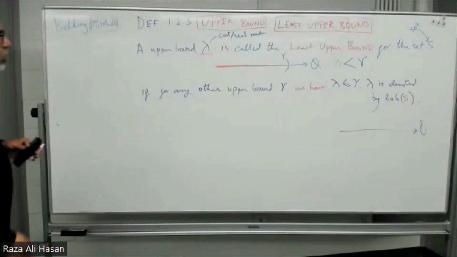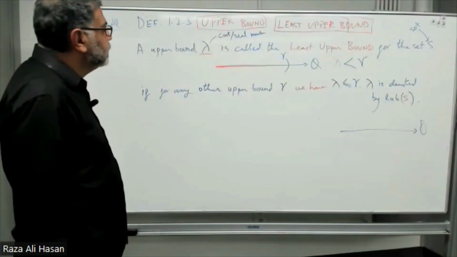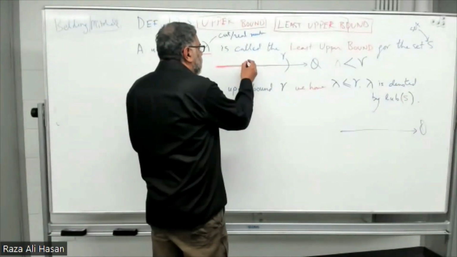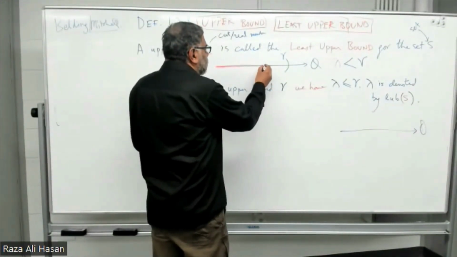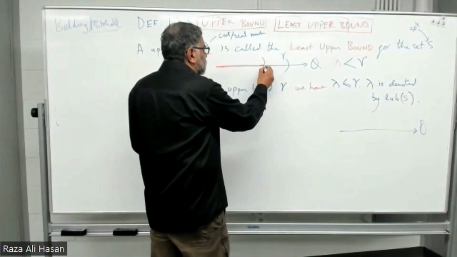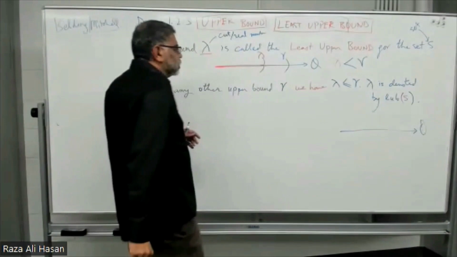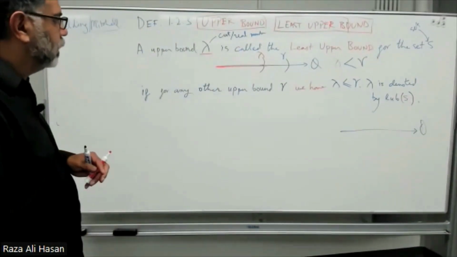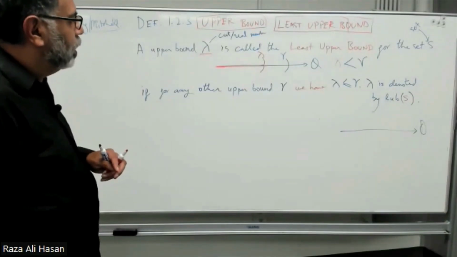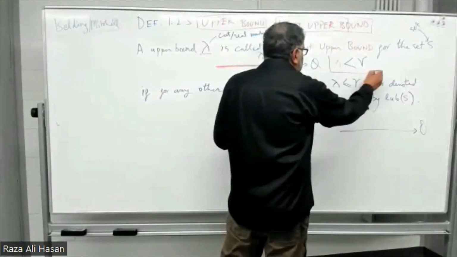Okay, so let's go back. An upper bound lambda is called the least upper bound for the set S if for any other upper bound, I just put that there, our lambda, I'm going to put it right here. Good, thank you, I was going to mess this up. If for any other upper bound, we have, okay, and so this is the first case.